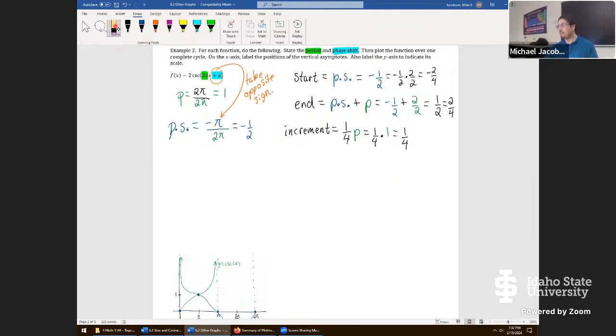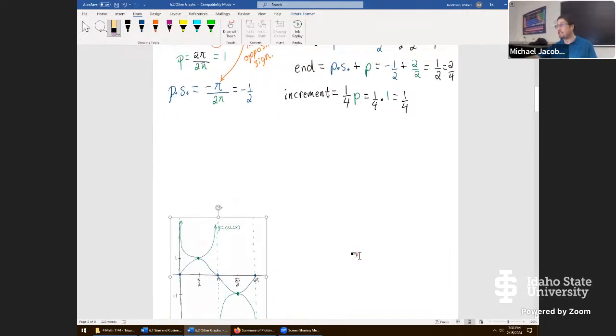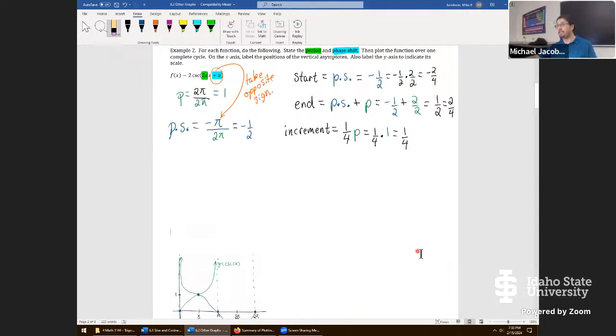Okay, I think we're ready to start. We have a graph down here, just in case we need to call on it. And we have all the interesting information we need, except one piece. Right here, when it says label the y-axis to indicate its scale, nothing here that we've written down supports it, but there is something about the function that will do it for us.